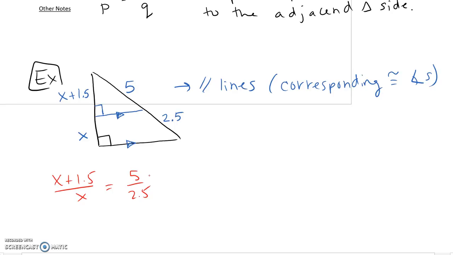I did top over bottom, so I have to do top over bottom along that hypotenuse as well. I find the extremes, so 5x equals 2.5x plus, let's see, I don't know what 2.5 times 1.5 is off the top of my head. It's the same as what, 15 quarters, so 37.5.